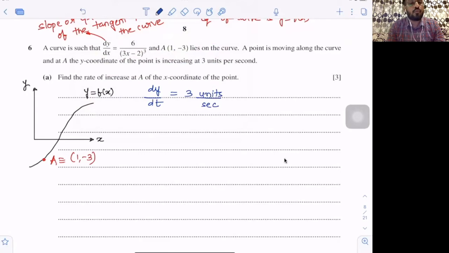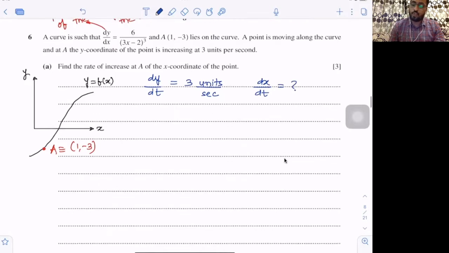What is it asking? Find the rate of increase at A of the x coordinate of the point. So for point A, the rate of change of the y coordinate is 3 units per second. What is the rate of change of the x coordinate? What is dx upon dt? That is what the question is.